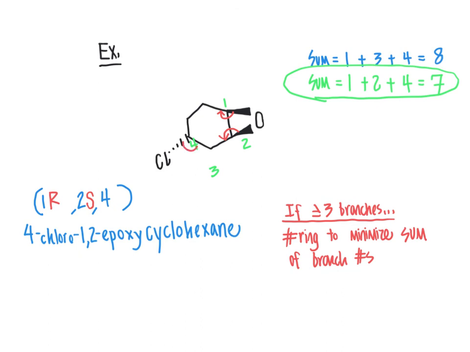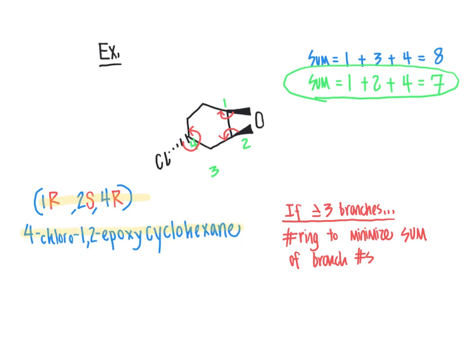Coming in this direction is the higher ranking directionality there. Coming this way will give us the 3rd highest ranked group. And with the arrow there pointed counterclockwise and the hydrogen pointed toward us, that means that 4 is going to be R. And so the complete name for this molecule, including the stereochemistry, is what I'm highlighting in yellow here.